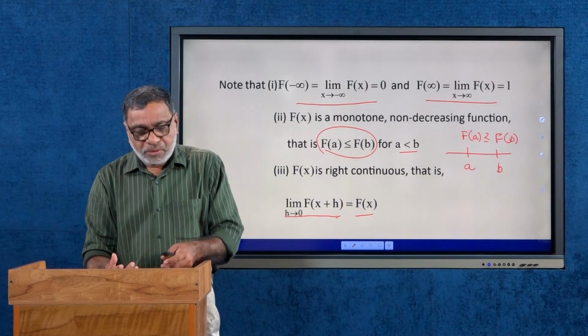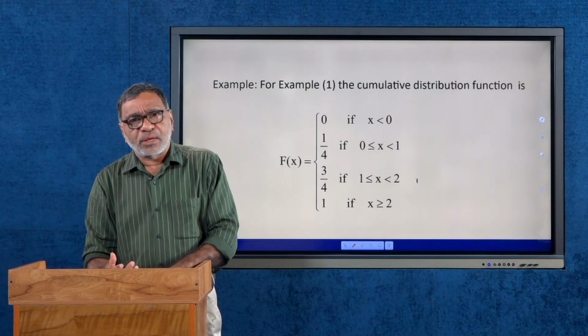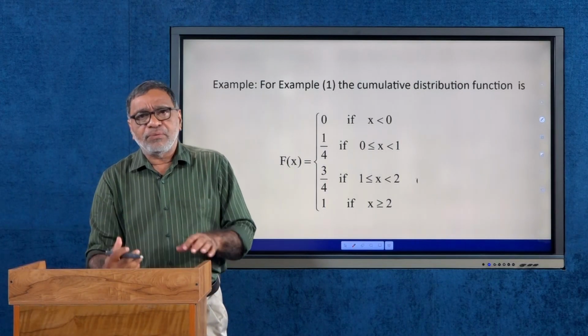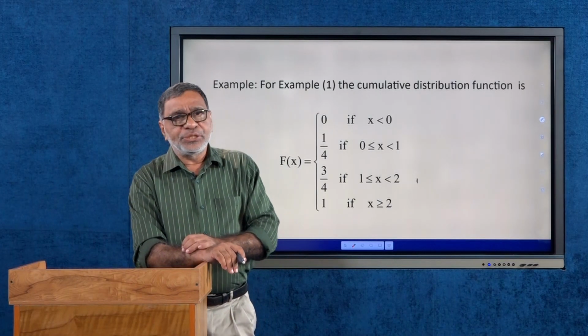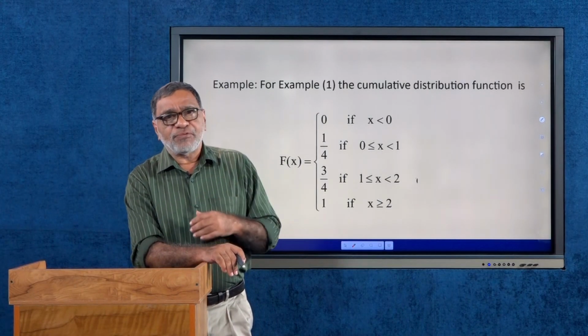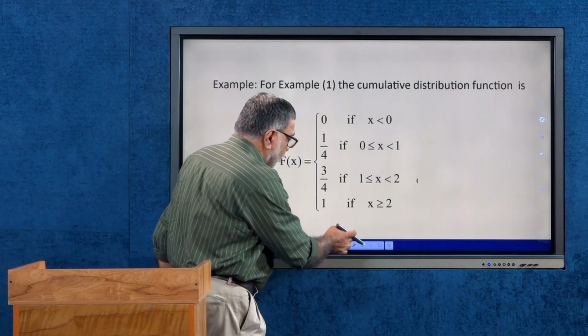And in order to give an example of this distribution function, let me consider the first example itself.